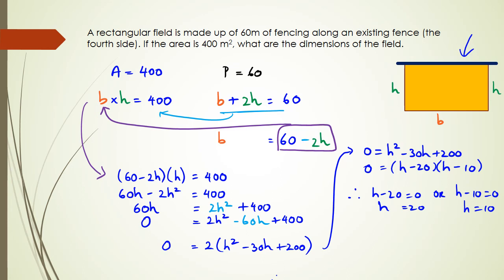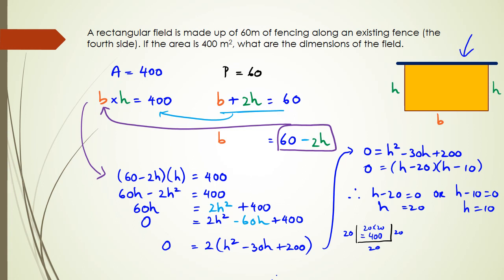Because think about it. When you have a rectangle like this, right? And I'm going to draw you guys both of these rectangles at the bottom here. So, for example, this is the first rectangle, right? So if the height is 20, so we're going to get 20, 20, and 20 as the base, because all three numbers have to add up to 60. And if that's the case, 20 times 20, which is the area, is actually equal to 400.